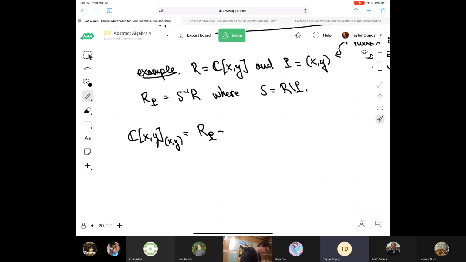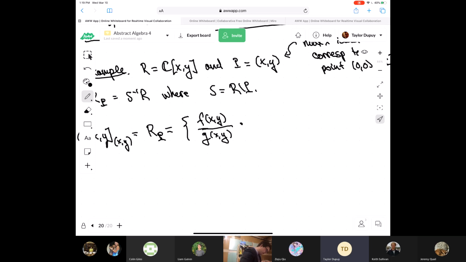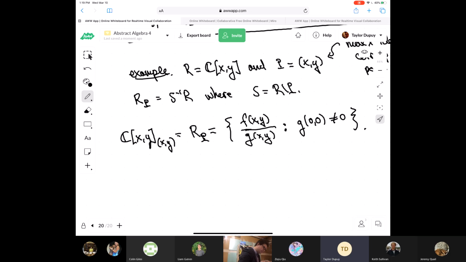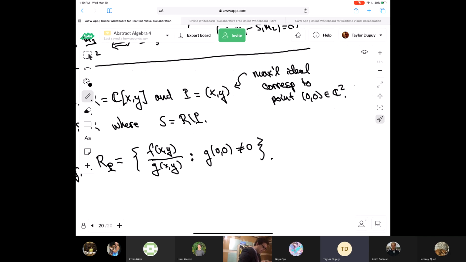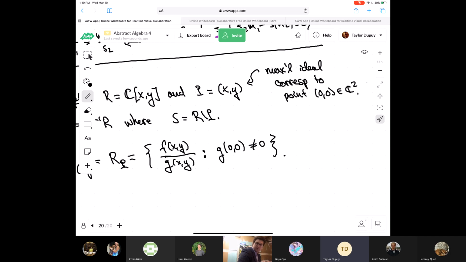This is the set of f over g, so f(x,y) over g(x,y), such that g(0,0) is not equal to 0. Remember that an element is only in this ideal if its evaluation at 0 is 0.